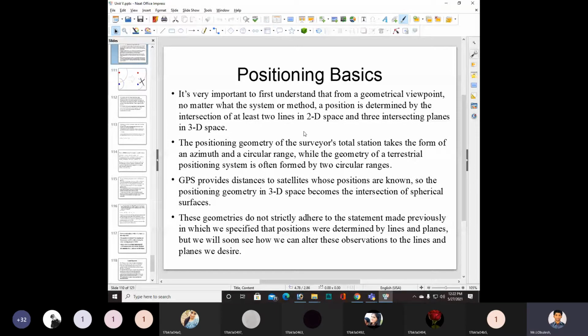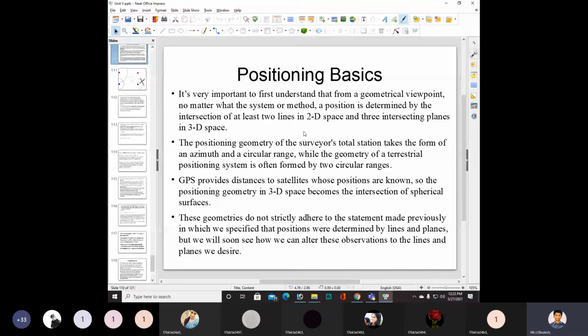So the positioning geometry in three-dimensional space becomes the intersection of spherical surfaces.